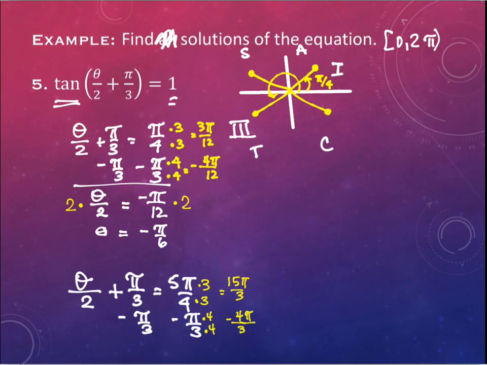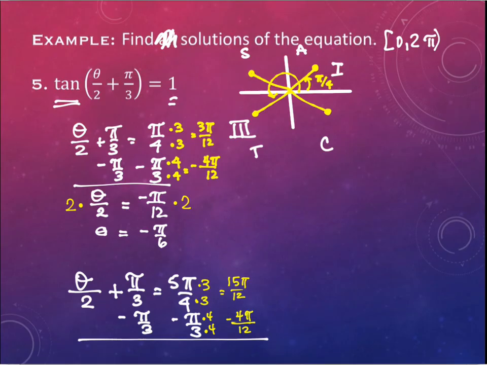What do we get when we subtract here? I wrote the wrong number, but 15 and 4. 11 pi over 12. We need 11 pi over 12. Sorry, moving too fast. Those are 12s. Okay, it's 11 pi over 12.